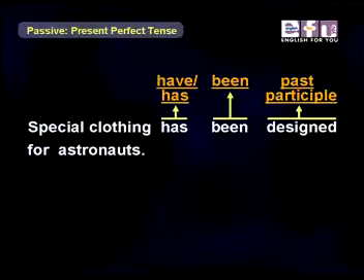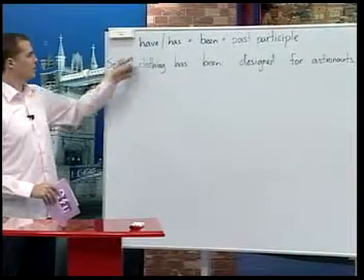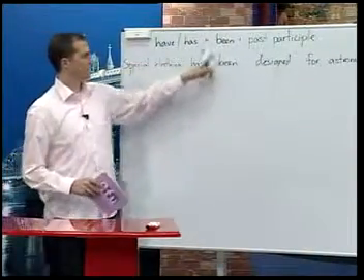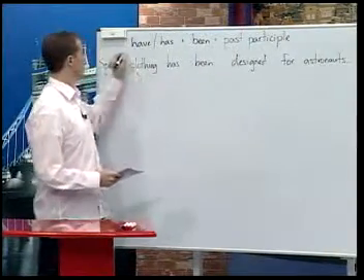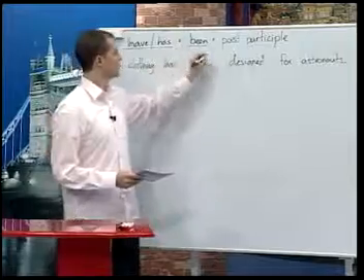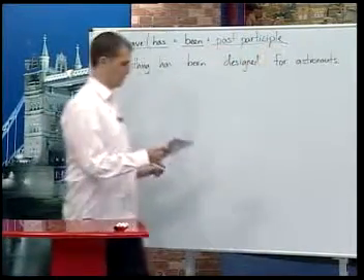Now that is has been designed for astronauts. Special clothing has been designed for astronauts. Have and has been past participle.